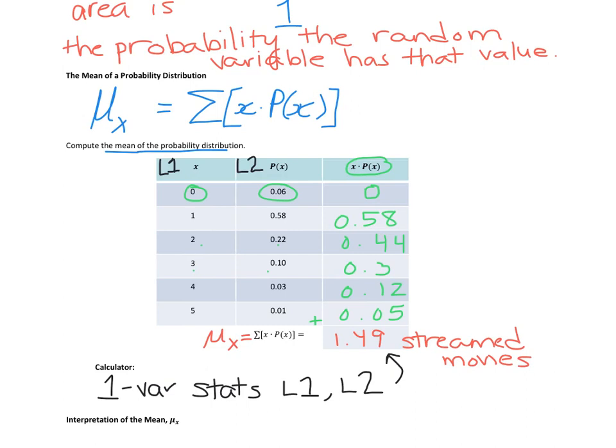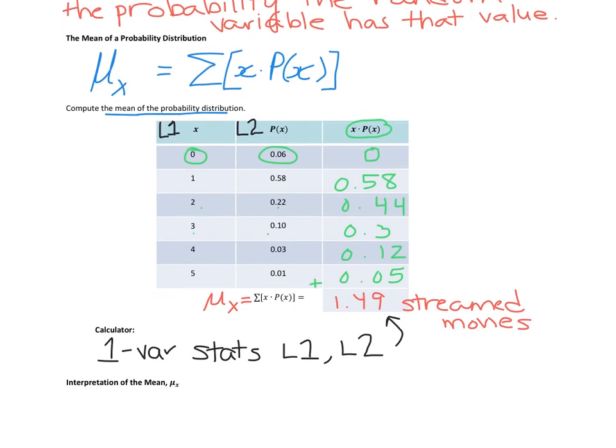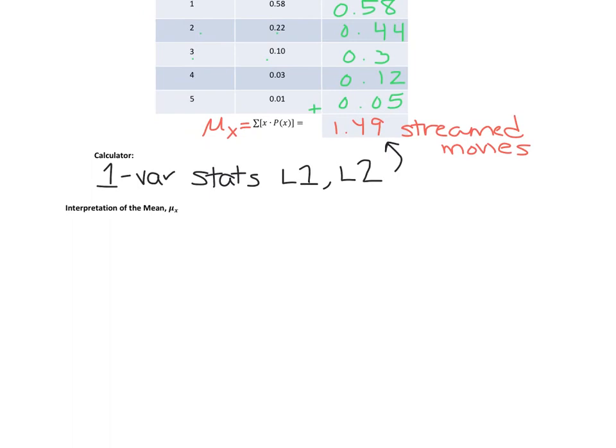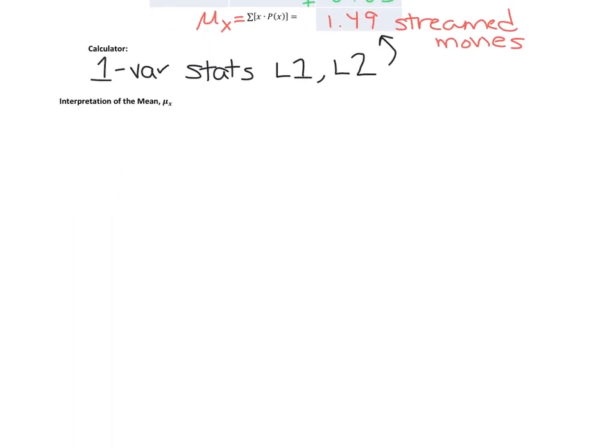Okay, so let's see how we're going to interpret this. We're going to interpret the mean using the law of large numbers, because remember, mu of x is from a probability distribution. And how we interpret probabilities is we use the law of large numbers.